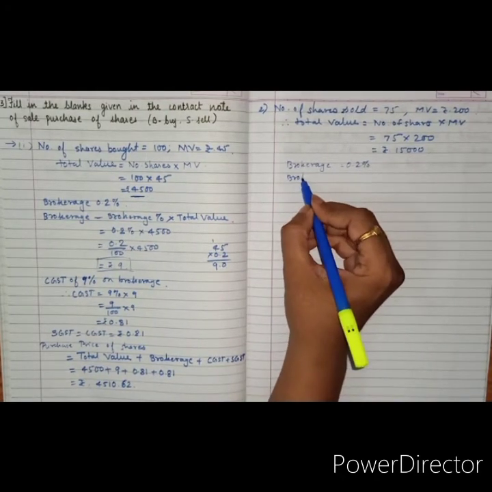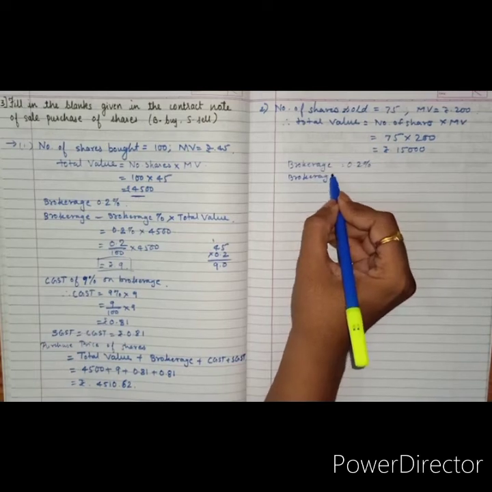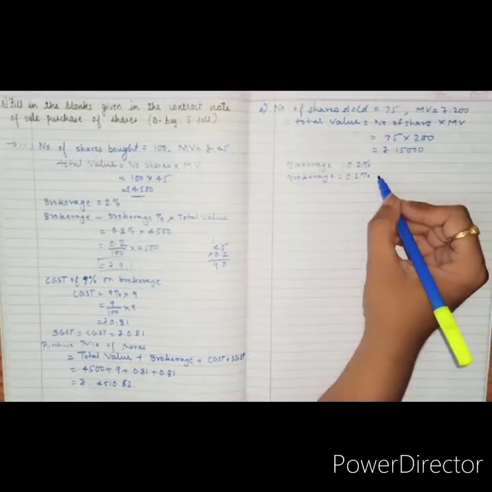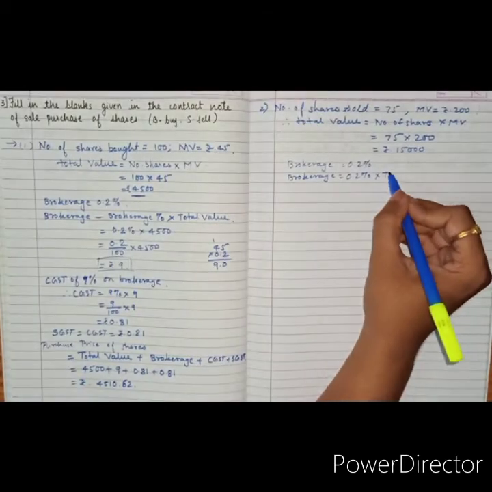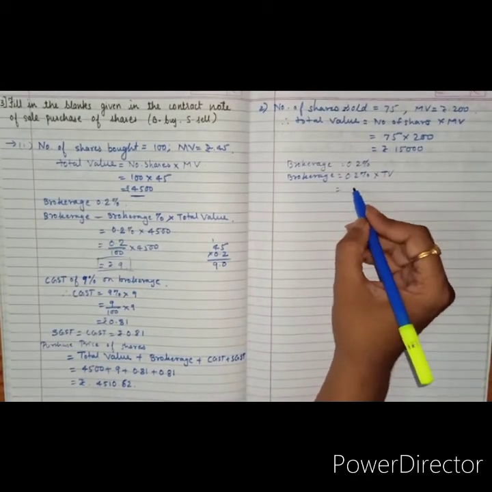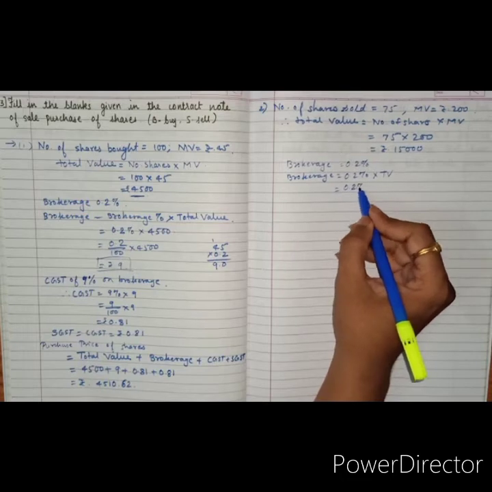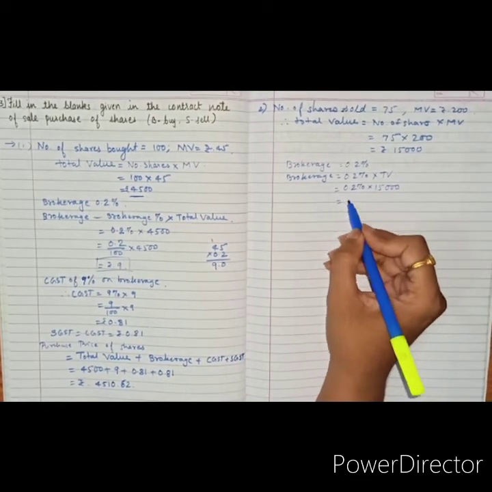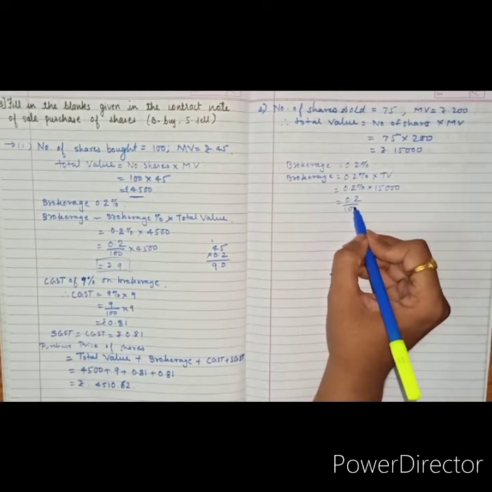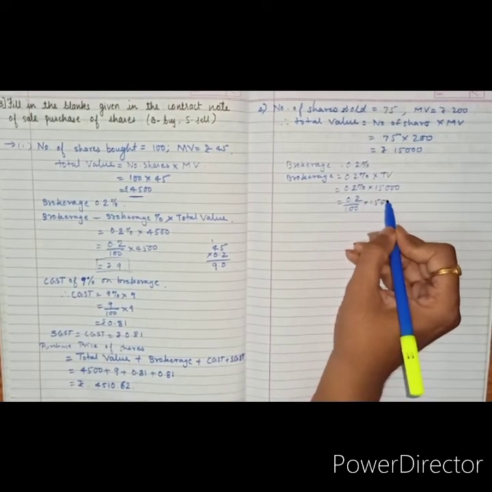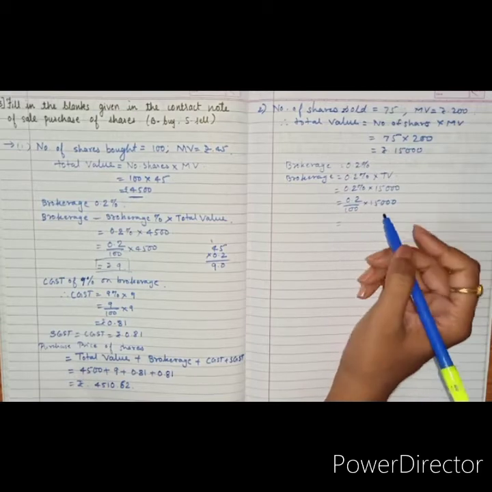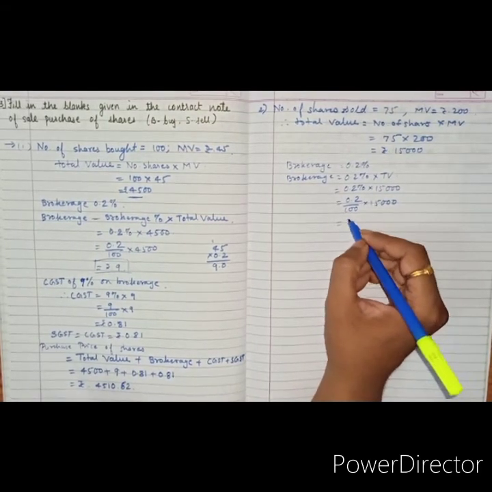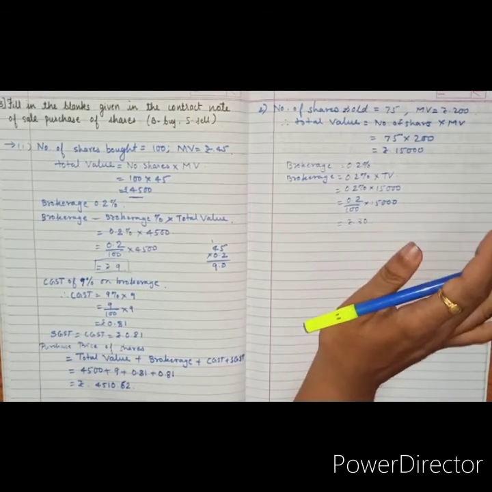So brokerage will be 0.2% on what? Total value, right? On total value. So 0.2% of 15,000. That is 0.2 upon 100 into 15,000. Calculate and see if you get rupees 30.